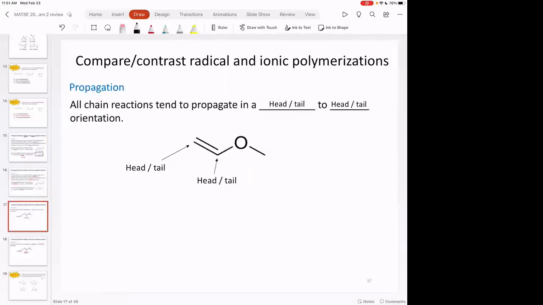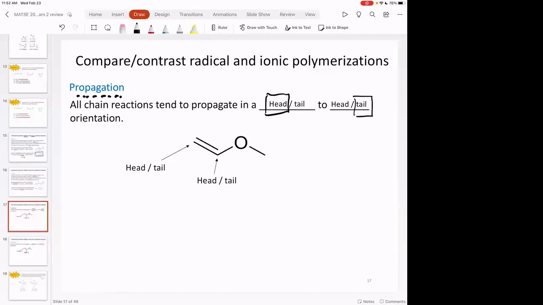Okay. So comparing radical and ionic polymerizations, and we're talking propagation here, thinking about propagation of the growing chain end. All reactions tend to propagate in a what to what orientation? Head to tail, not tail to head.